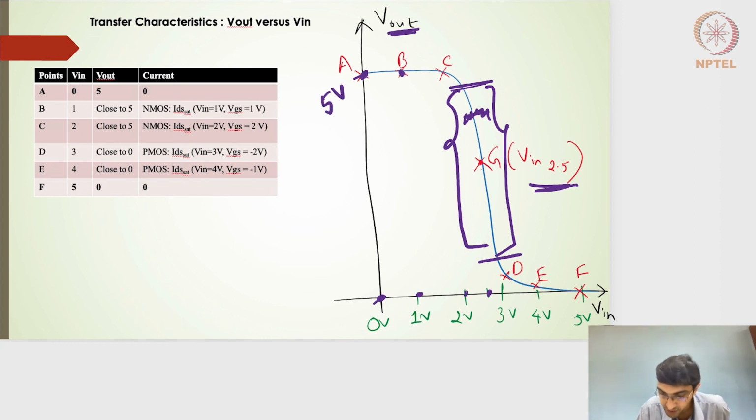If I apply an input of 2 volts, I'll get the output close to 5 volts. If I apply an input of 5 volts, the output is 0 volts. If I apply an input of 4 volts, I'll get an output close to 0 volts. And if I apply an input of 3 volts, I'll get an output close to 0 volts. So this is how the transfer characteristics of the inverter look, and it clearly represents the working of the inverter.